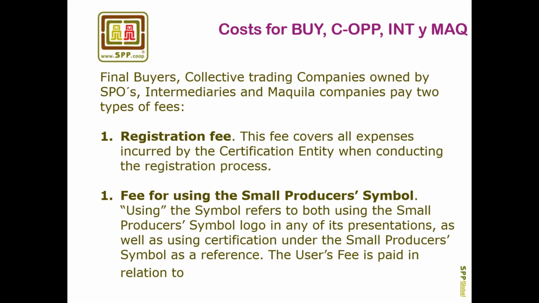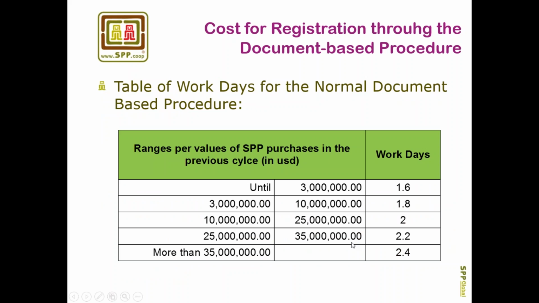The user's fee is paid in relation to, well, sorry, at the end we are going to check the user's fee. But in this table, we also have work days for the normal document-based procedure.